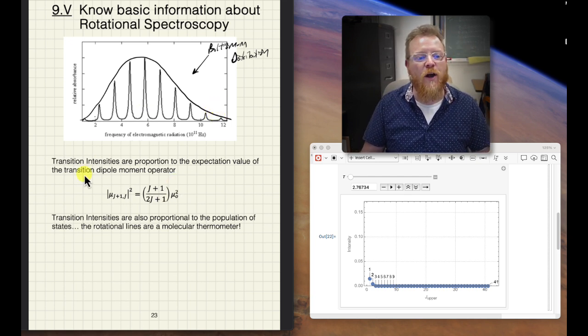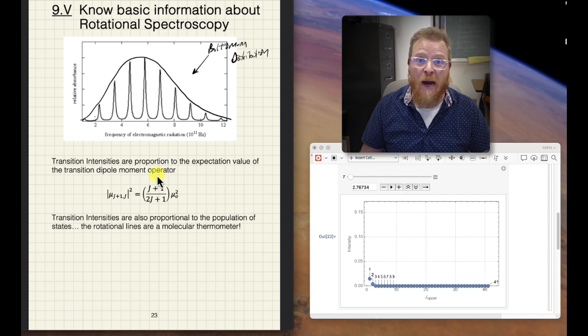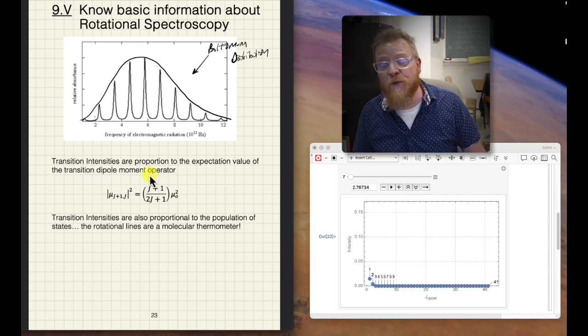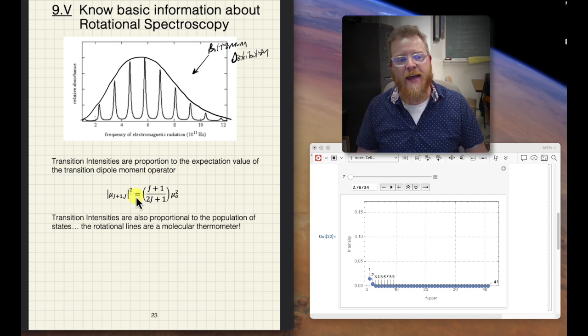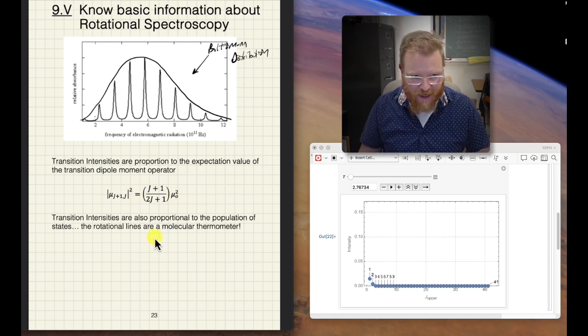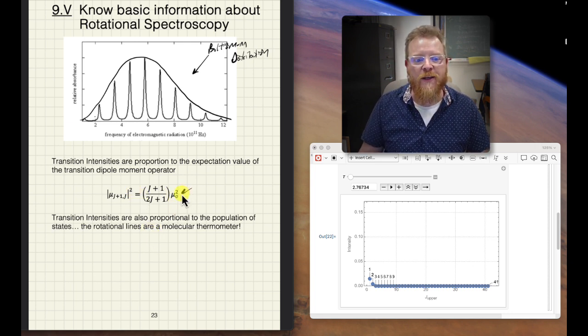In addition, we also want to note that our transition intensities are proportional to the expectation value of the dipole moment operator. This is true in all of our forms of spectroscopy. And this is the solution to the dipole moment operator directly, where mu is our permanent electric dipole moment, mu naught, so the resting, equilibrium dipole moment.